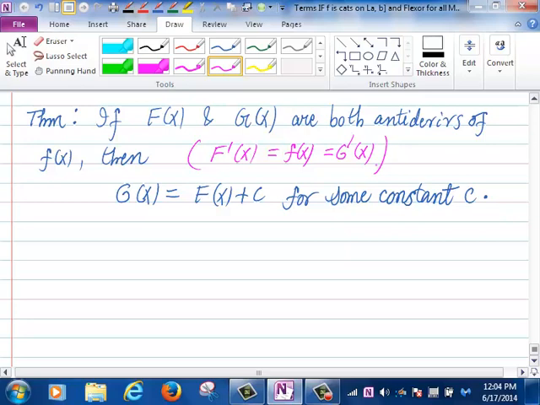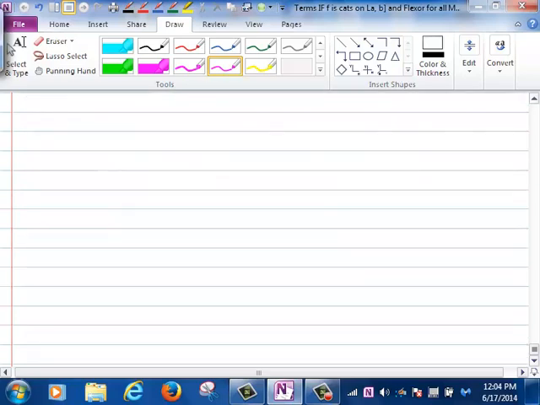If I ask you to find all the antiderivatives of a function, all you have to do is find one, and then you know that all the other ones you find by just adding a constant, right? Okay, so we are going to use the following notation.